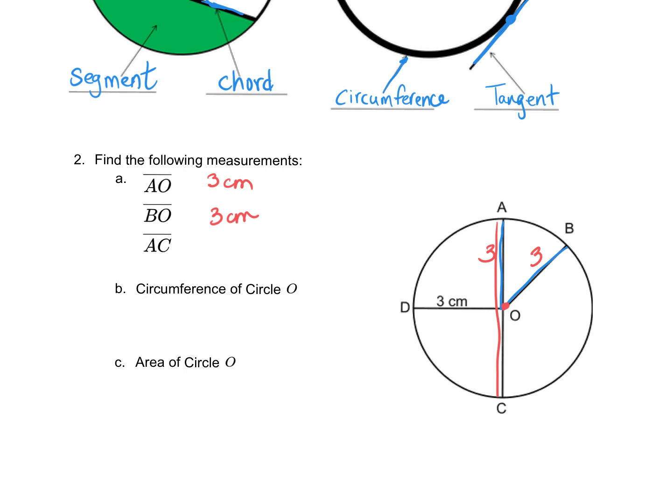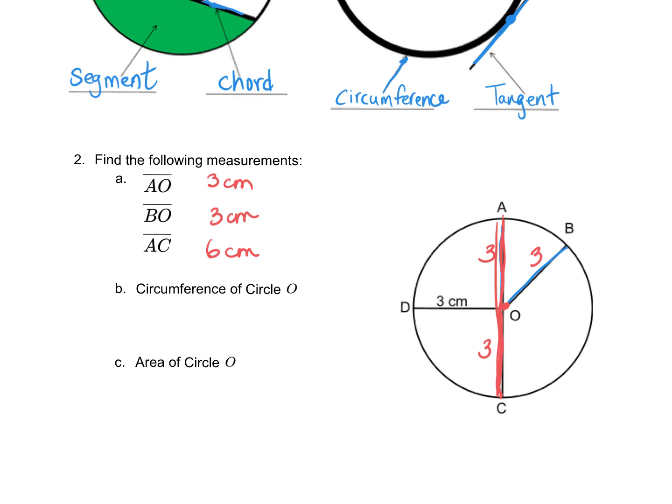Now, if you notice, AC is formed by 2 radii, and that is actually a diameter. And you'll notice how the diameter is double the radius. So AC is actually 6 centimeters. Now with the radius, we can calculate the circumference and the area.